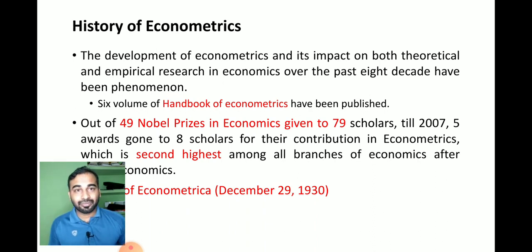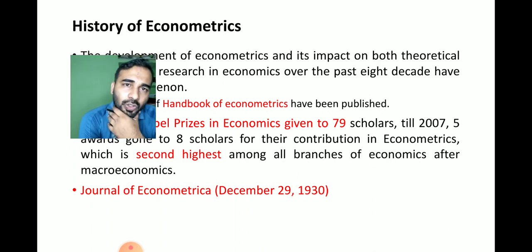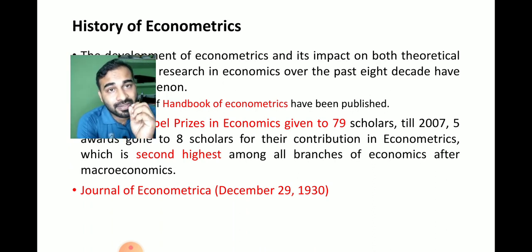Out of 49 Nobel Prizes in economics given to 79 scholars till 2007, 5 awards went to 8 scholars for their contribution in econometrics, which is the second highest among all branches of economics after macroeconomics. The most number of awards was won by macroeconomics, and the second most by econometrics.